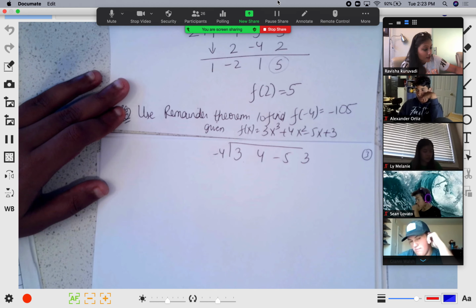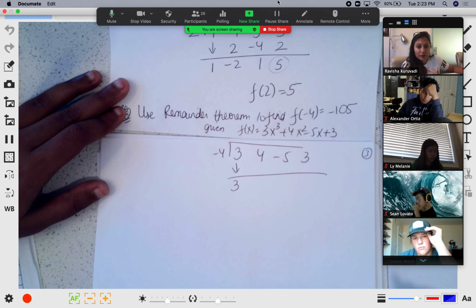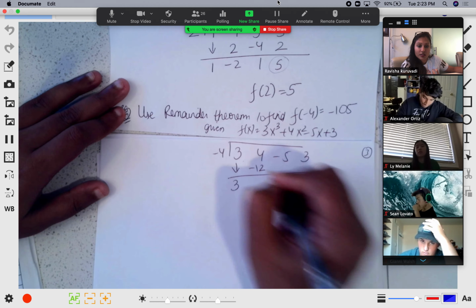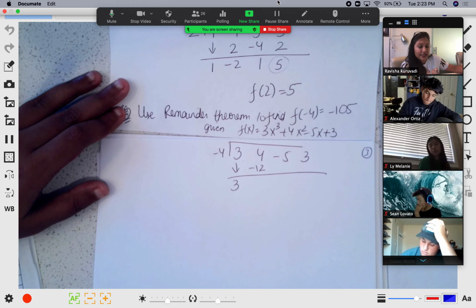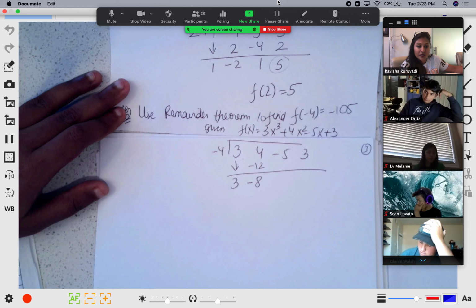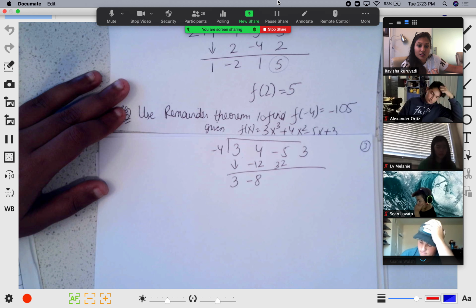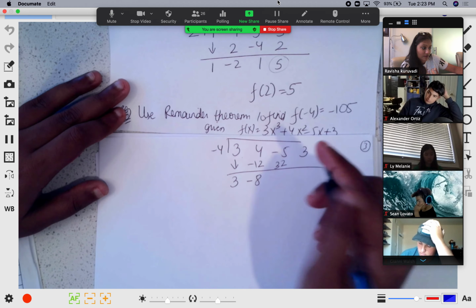Okay. Then what you do is, first term you take out down as it is. Multiply. Negative 4 times 3, negative 12. You add 4, you get 8. Negative 8. Negative 8 times negative 4 is 32. 32 times minus 5 is 27.